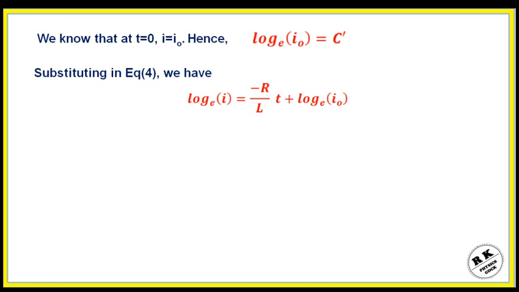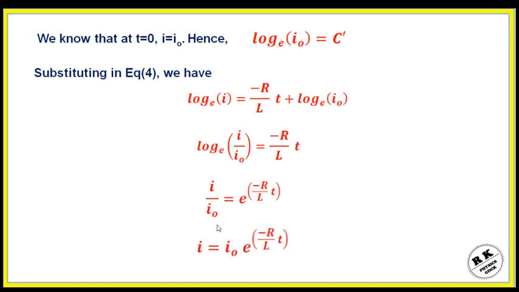So if we rearrange the terms, it will be log of I by I naught is equal to minus R by L times t, or it can be written as I by I naught is equal to, we are dropping the log on the left side, so we get an exponent term on the right side.